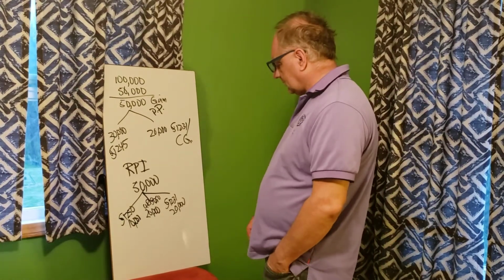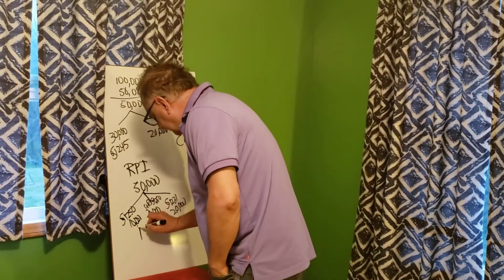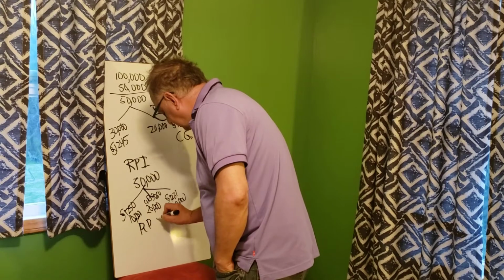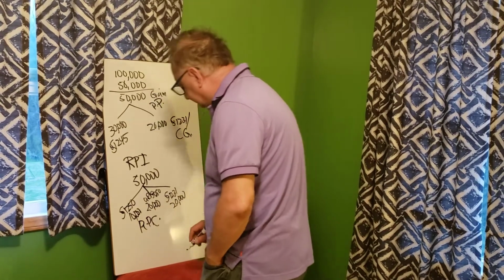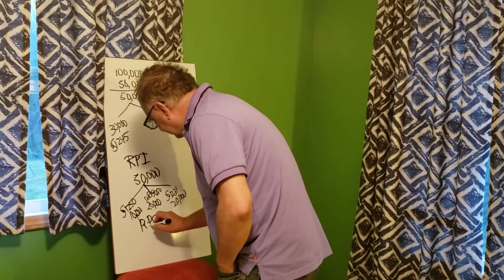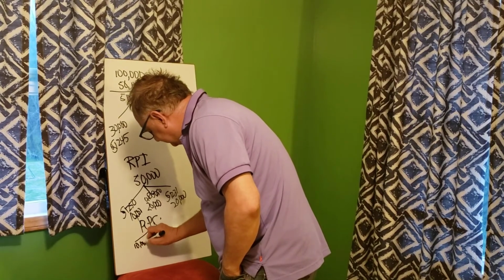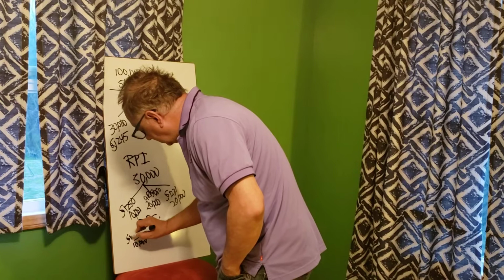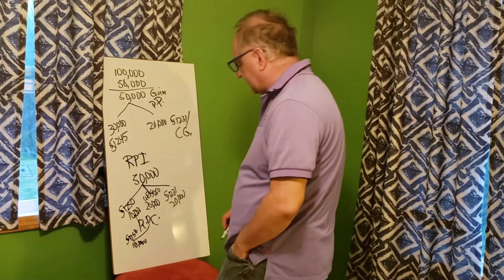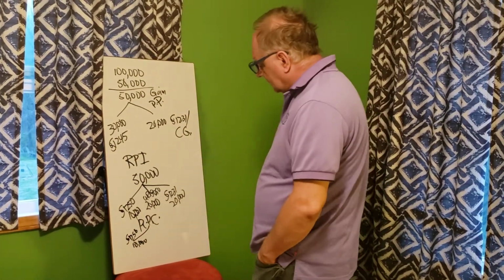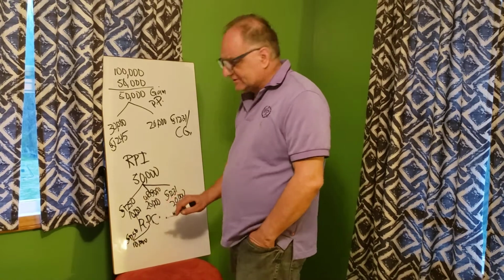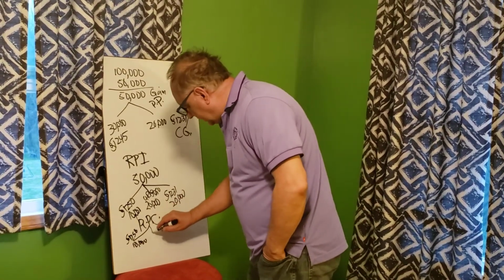Okay? Now, if it's real property owned by a corporation, we're still going to have this same $10,000 section 1250. Definitions are the same, so the number's going to be the same. Remember, we're going to take this for section 291.